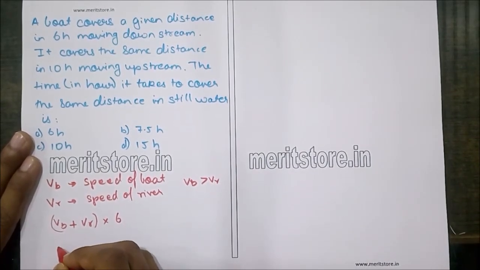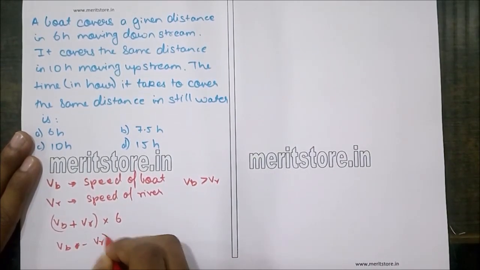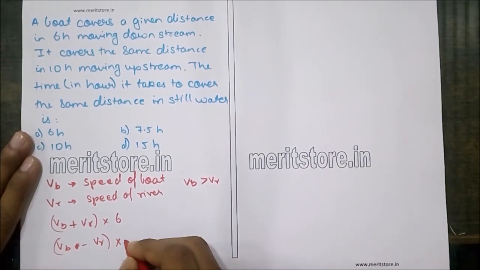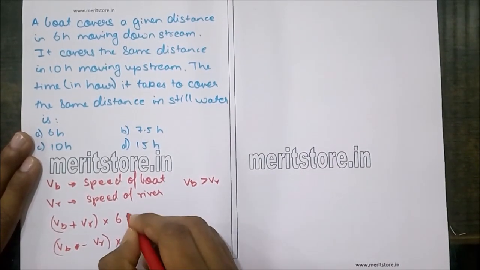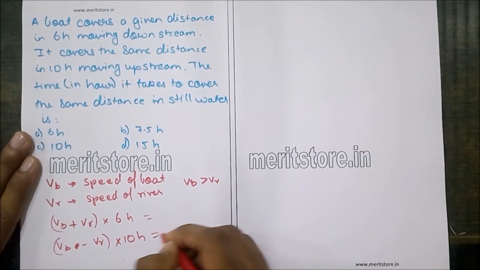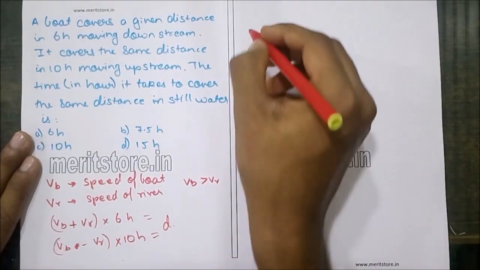Whereas when they are moving in the opposite direction, the relative velocity would be Vb minus Vr, and the time taken is 10 hours, and both of these correspond to a distance d.